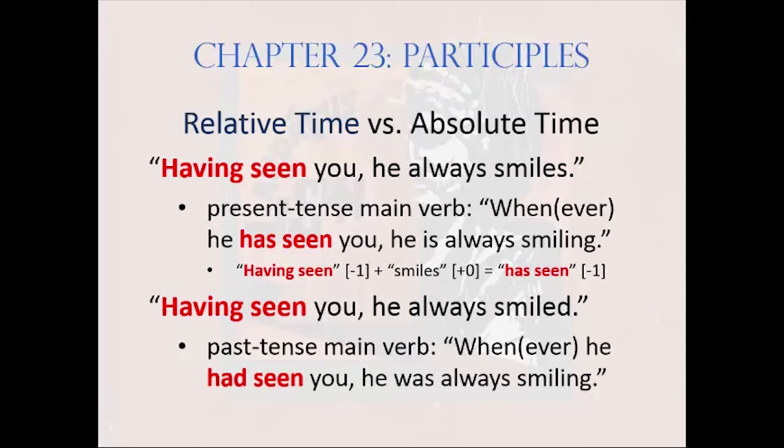Good. Pluperfect. "When or whenever he had seen you, he always smiled, or was always smiling." Having seen, minus 1, plus was smiling, minus 1, equals had seen, minus 2.